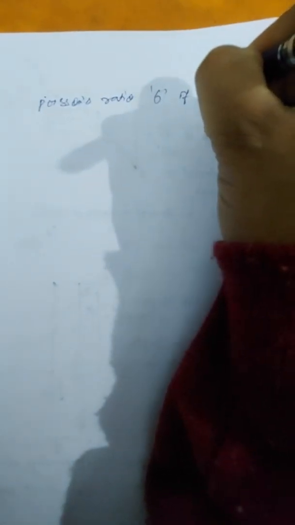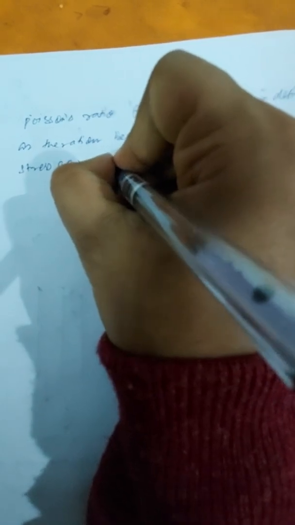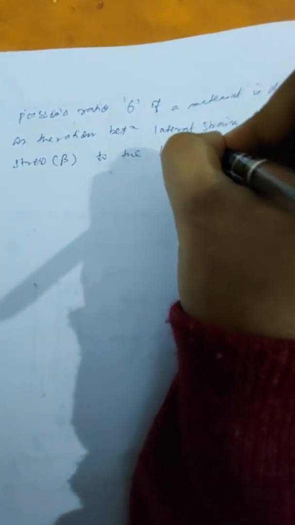Poisson's ratio sigma of a material is defined as the ratio between lateral strain per unit stress, that is beta, to the longitudinal strain per unit stress, that is alpha.